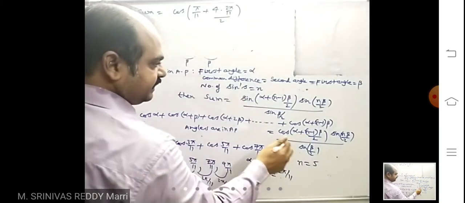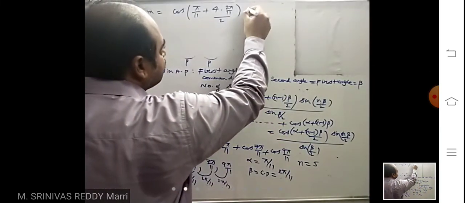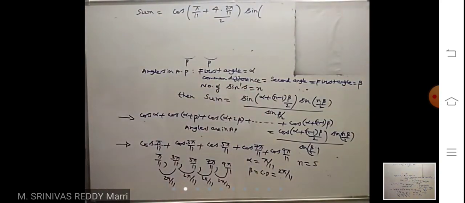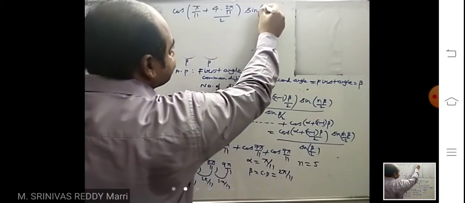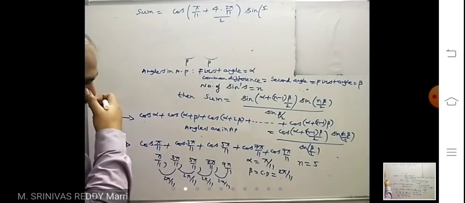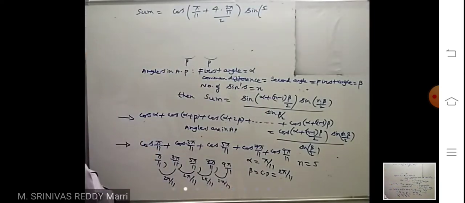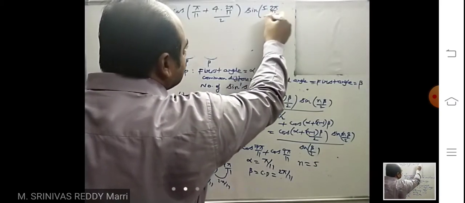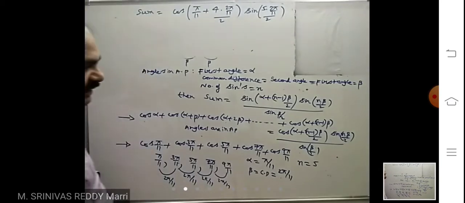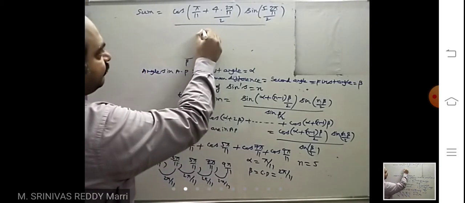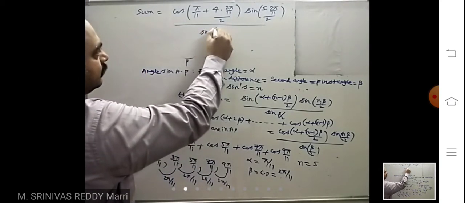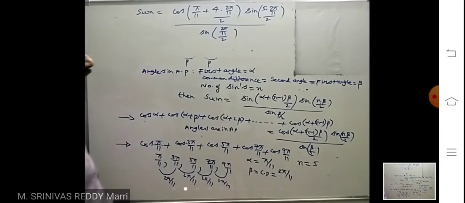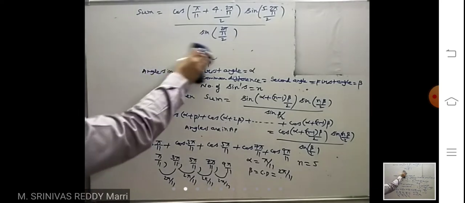Now look here, you will get sine of n, 5, into beta by 2, 2 pi by 11 divided by 2, divided by sine of beta by 2, 2 pi by 11 divided by 2. Just substitute in that formula whatever it is.